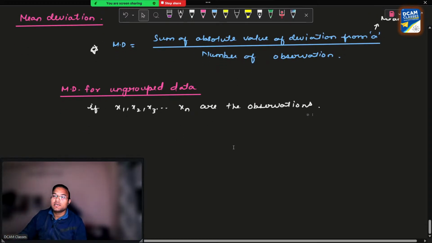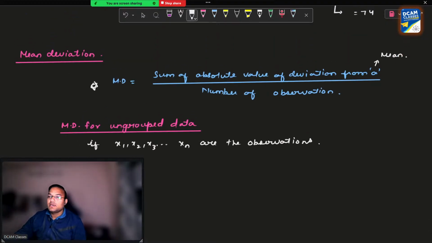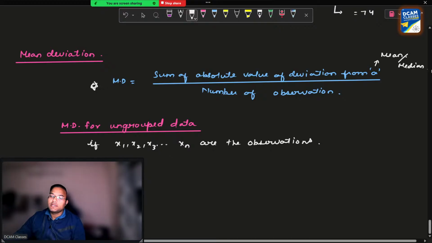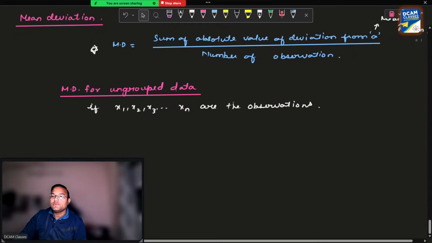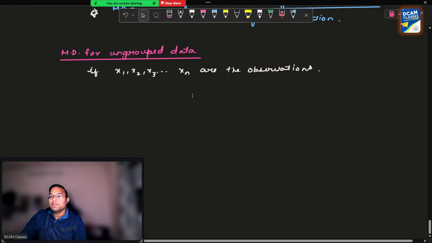It depends. It can be mean or median, depending on what they have asked. Whether they have asked the mean deviation from the median or from the mean depends on the question.